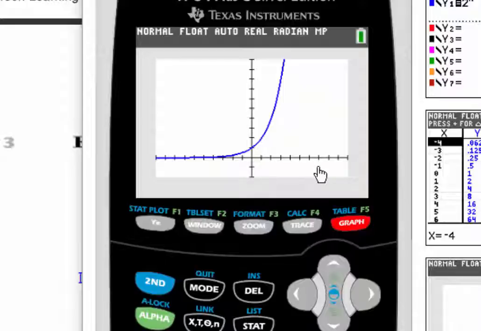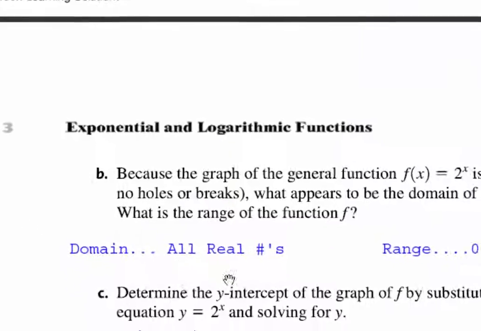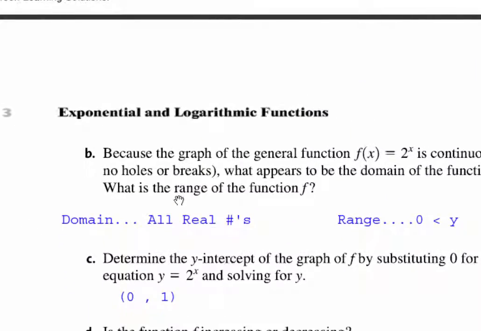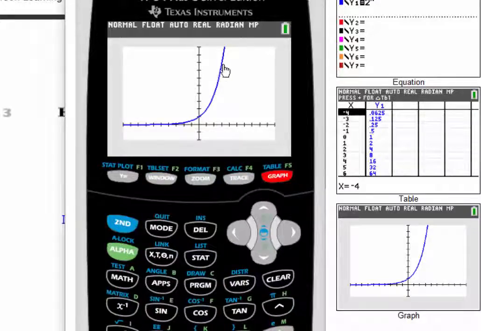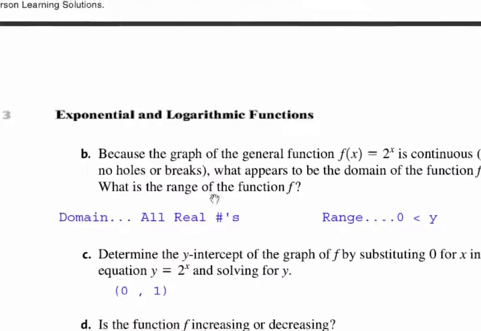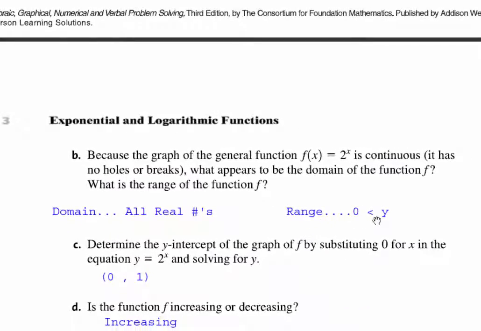The domain is what happens along the horizontal axis. Then for the range, remember that's the greatest and the smallest number for y. It looks like y goes up to +infinity, but it never gets below the horizontal axis. It never goes below 0. So my range would be from 0 all the way up to infinity, or simply y is greater than 0.